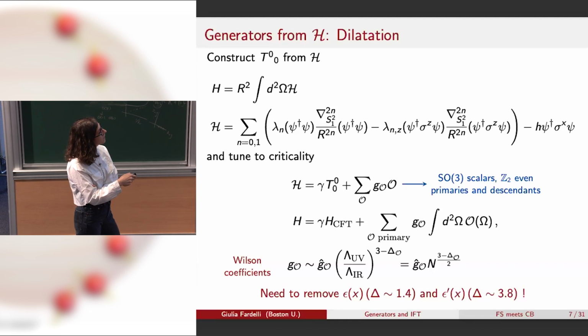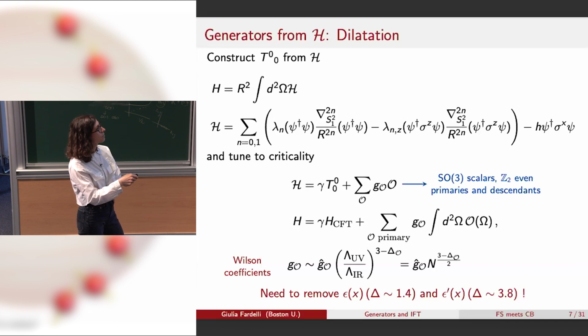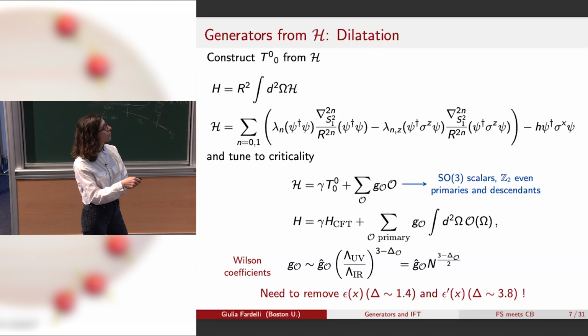But now the magic in H is that since I'm integrating this over the sphere, the only operators that survive here are primary operators. So my H is just the H of the CFT times this gamma factor, which is the speed of light, plus a sum over primary operators with some coefficients that we'll call Wilson coefficients.